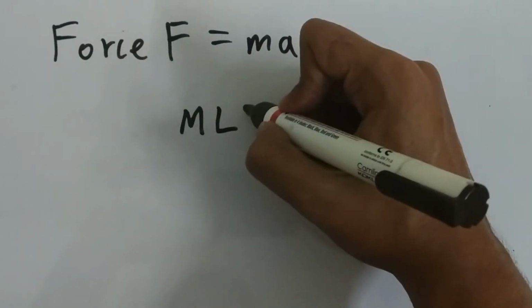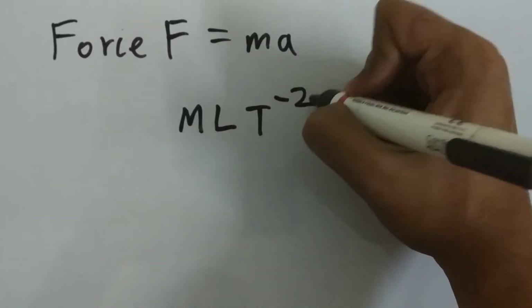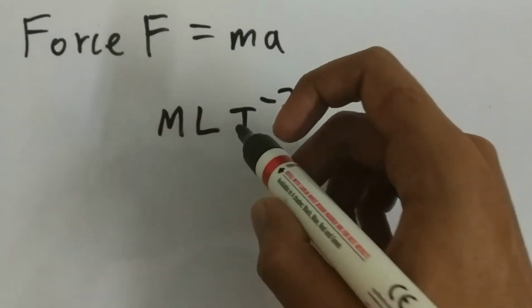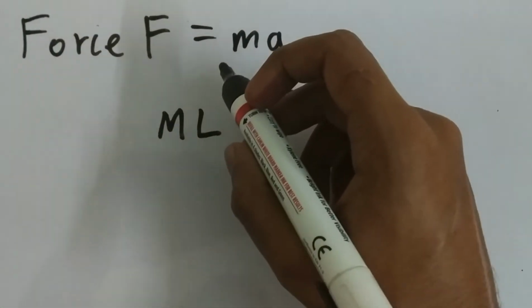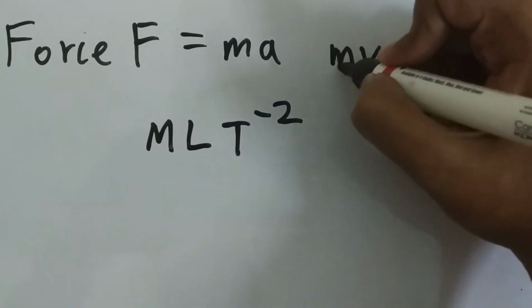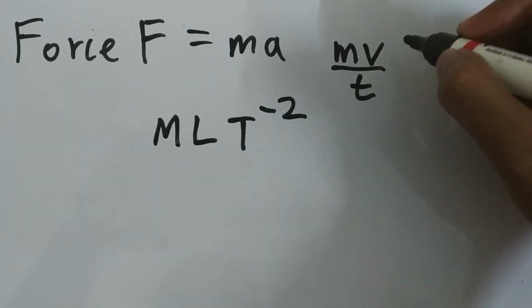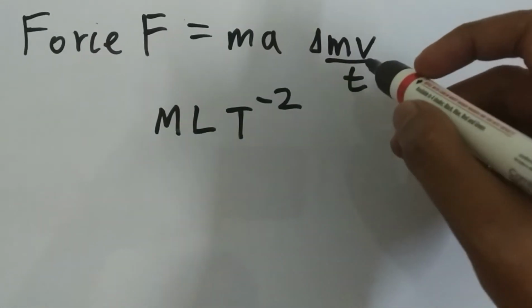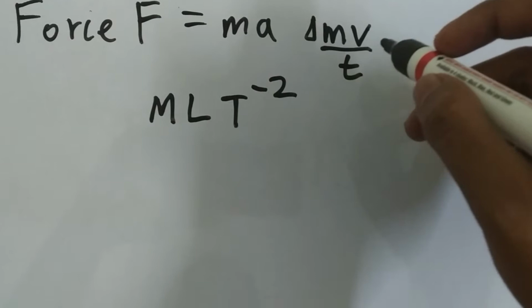Acceleration is L T to the power minus 2. Now, because you know this, you can also define force as F is equal to mv by t, or delta mv by t. That is nothing but change in momentum per time.